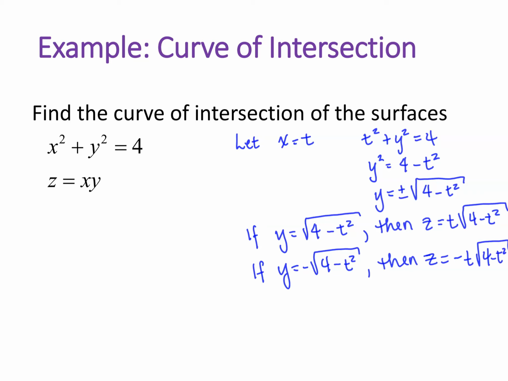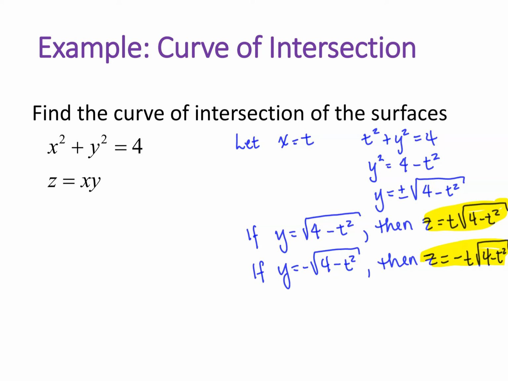So with this natural strategy, we get into a situation where we have two separate functions that are necessary to describe this curve of intersection. We would need both of these functions to create our curve of intersection.